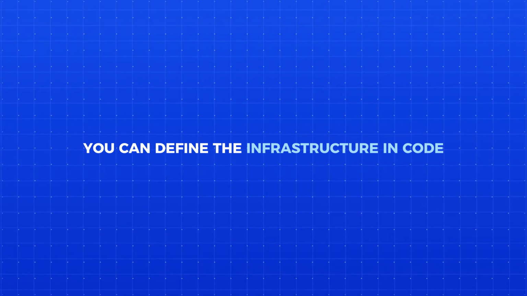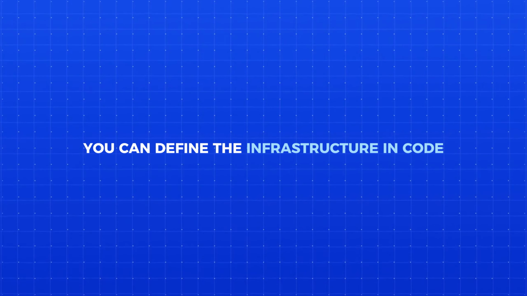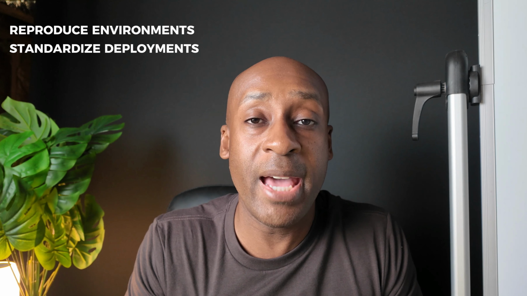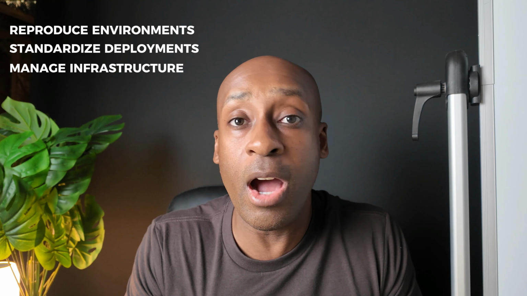So instead of manually configuring everything one piece at a time, you can define the infrastructure in code and deploy it in a much more structured and repeatable way. And that's a major shift, because now infrastructure becomes scalable. You can reproduce environments, standardize deployments, and manage infrastructure more efficiently over time.